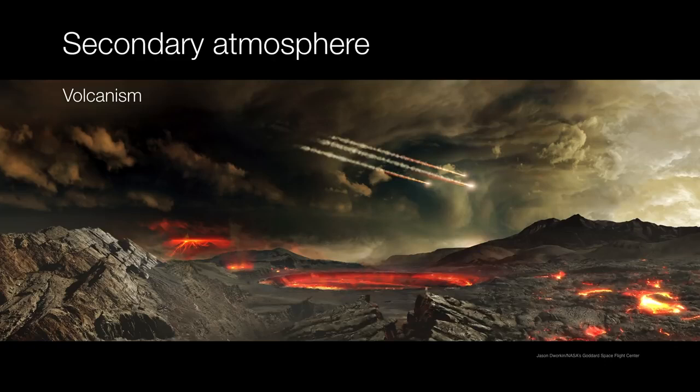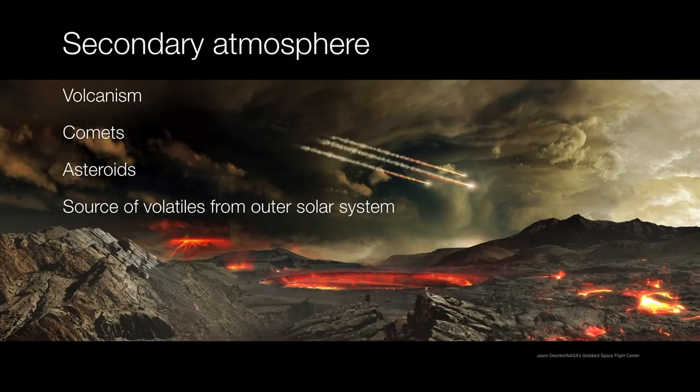The entire surface was covered in volcanism, and whatever trace volatile materials the Earth did form with were quickly being released through volcanism, and comets and asteroids would deliver additional volatiles from the outer solar system. So, our atmosphere that we live under today is the second atmosphere, the 2.0 version of Earth's atmosphere.